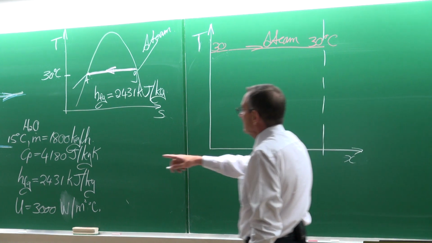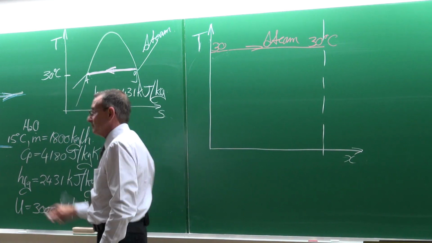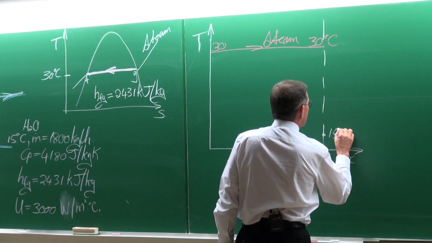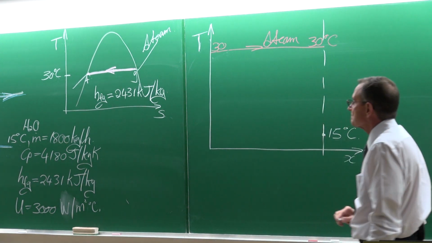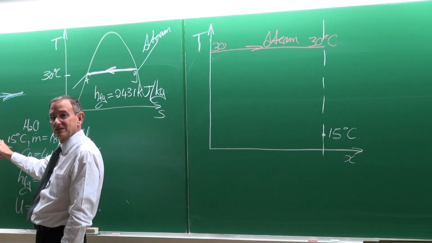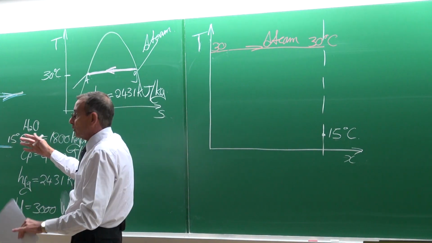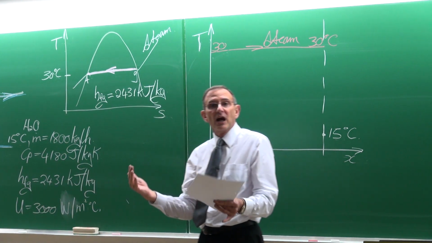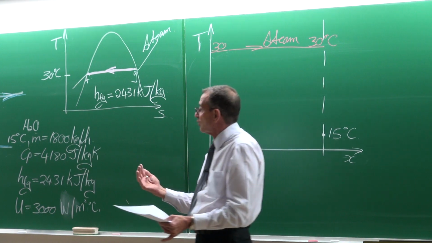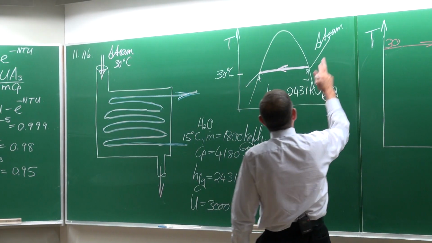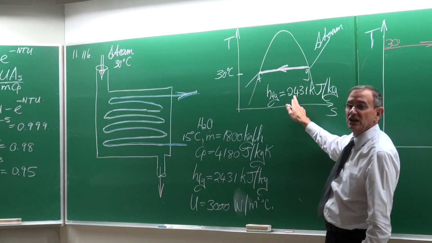The water enters at 15 degrees Celsius. We don't have the outlet water temperature. Now, look at this problem and try to figure out how are we going to start this problem. We've got from the steam, we've got its temperature and we've got HFG.